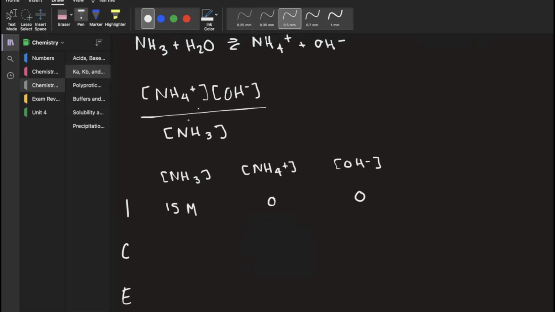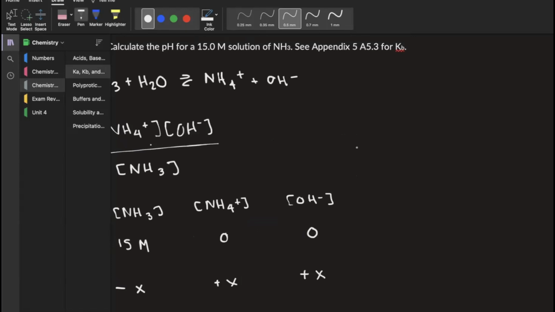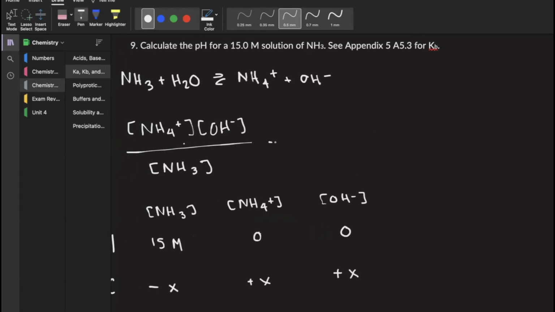So we know based on the equation that for 1 mole of NH3, we get 1 mole of NH4 plus and 1 mole of OH negative. Minus X, plus X, plus X. Combining to get equilibrium, we get 15 minus X, X, and X. So now we input that back into our expression, and we get X squared over 15.